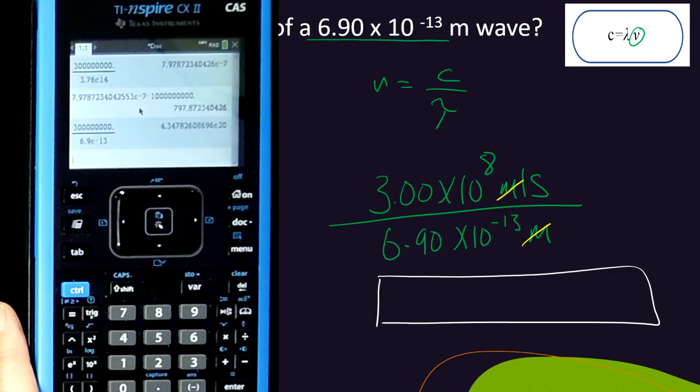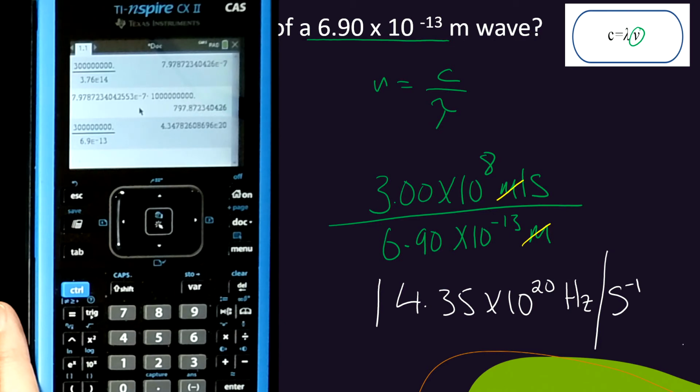So final answer will be 4.35 times 10, and our exponent has a value of 20. And it will be frequency, which will be hertz, or you can write s minus 1. So check with the teacher which one they want you to use.